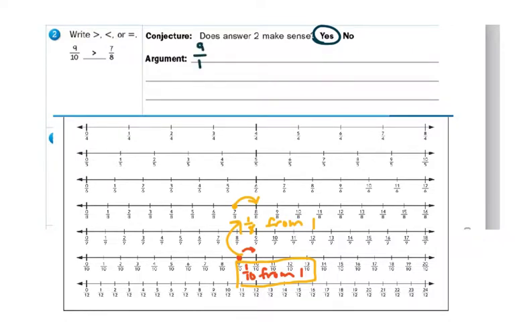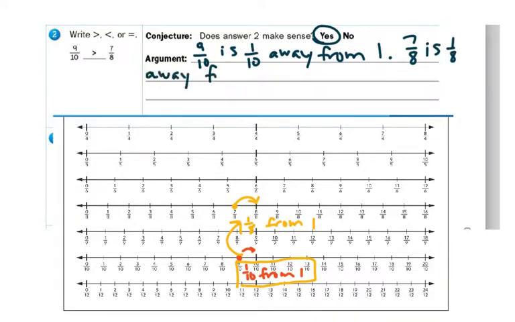So 9/10 is 1/10 away from 1 whole. 7/8 is 1/8 away from 1 whole.